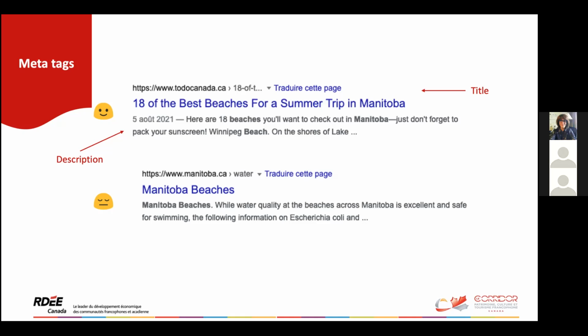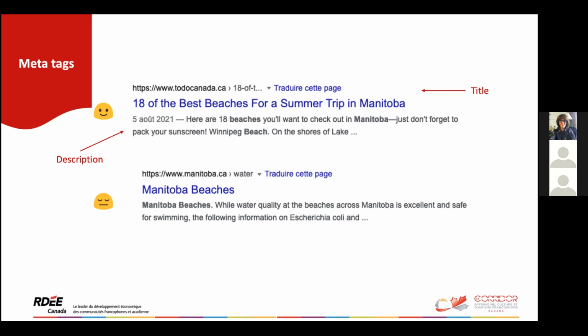I'll show you an example of doing it properly versus not doing it properly. Let's say that your customer is Googling for beaches in Manitoba, and these two that we see on this screen are the two top ones. So now he's not at your business yet, because he's got these two things to read. Which one will he choose? I would choose the first one. Why?